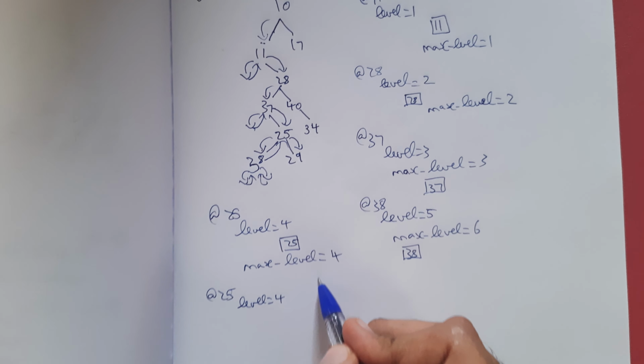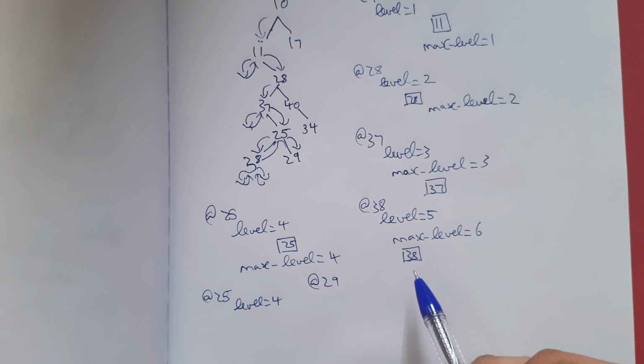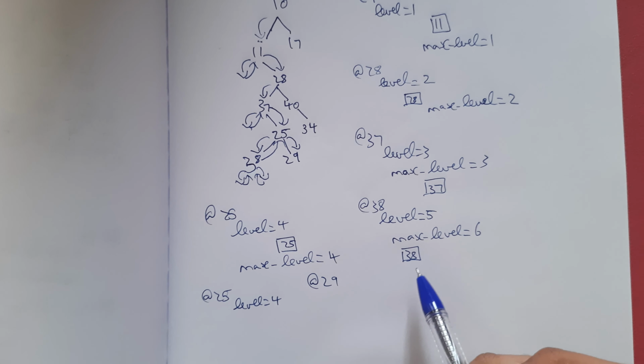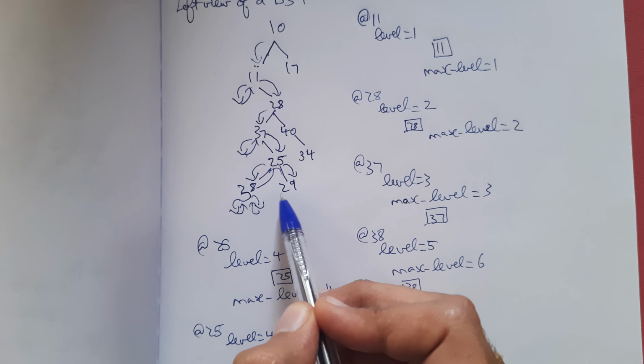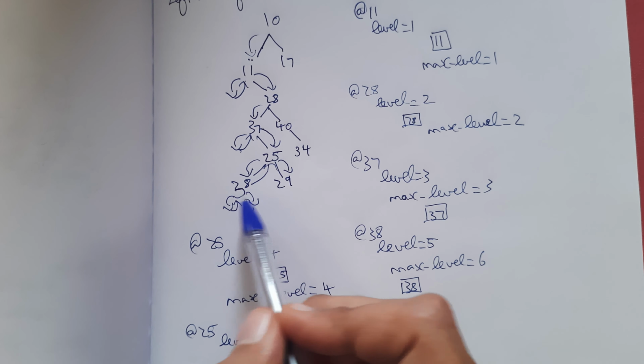At node 29, we check if the max level value, which is 6, is less than the current level value. Since that is not the case, we conclude that the level at which node 29 is present has already been visited once.